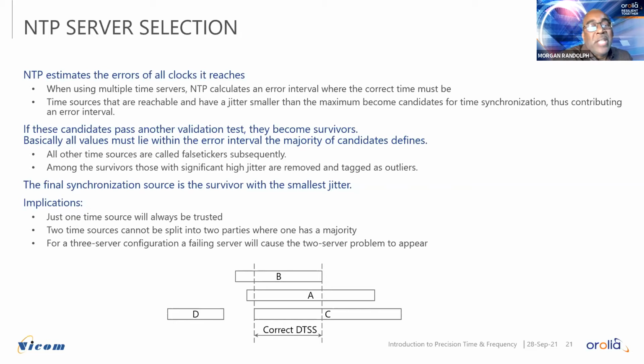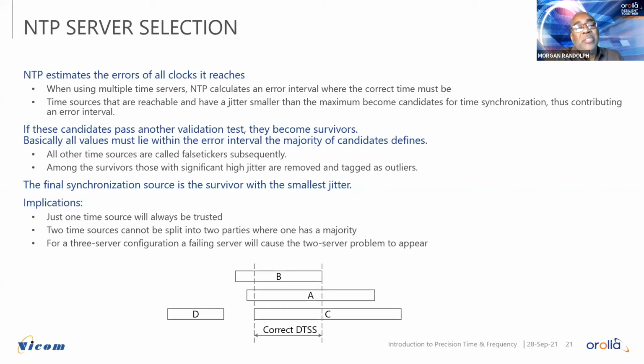So what happens is the algorithm says, hey, all of the clients are sending information, requesting information, and they're looking and saying, hey, this device doesn't appear to be that good. This device appears to be better. These 5 devices over here appear to be a little bit better. As they survive that process, it continues, and that's where you get into the second thing I read there, where you become a survivor.